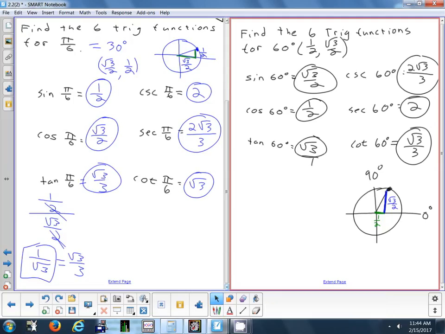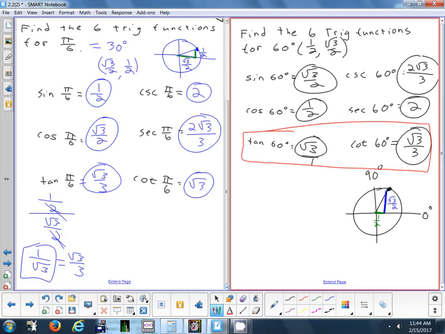Yep, so we had the tangent switched with the cotangent between this problem and the last one. What else? The sine switched with the cosine between this problem and the last one. And that leaves the secant and the cosecant.